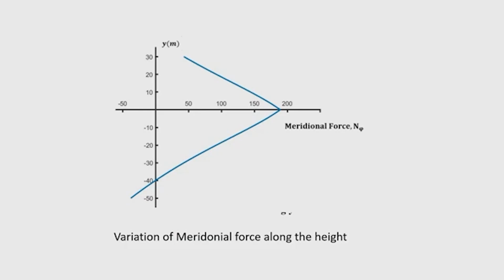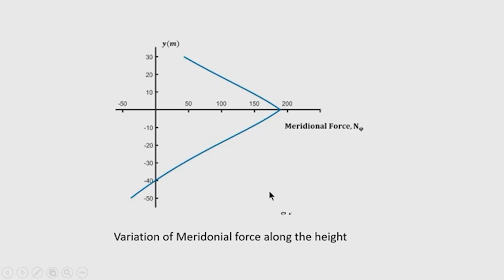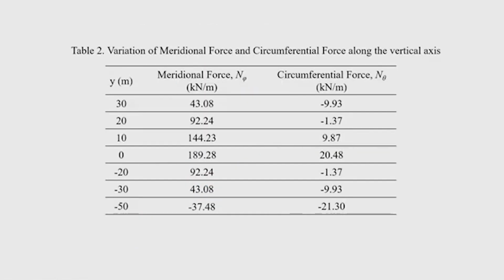Now, if you want to see the n theta variation, you can see how the n theta varies, and you can find the n theta becomes tensile, that is negative, in some of the regions. So, here we will get this tensile stress, and if this is the maximum stress, then based on that you can also find the quantity of reinforcement.